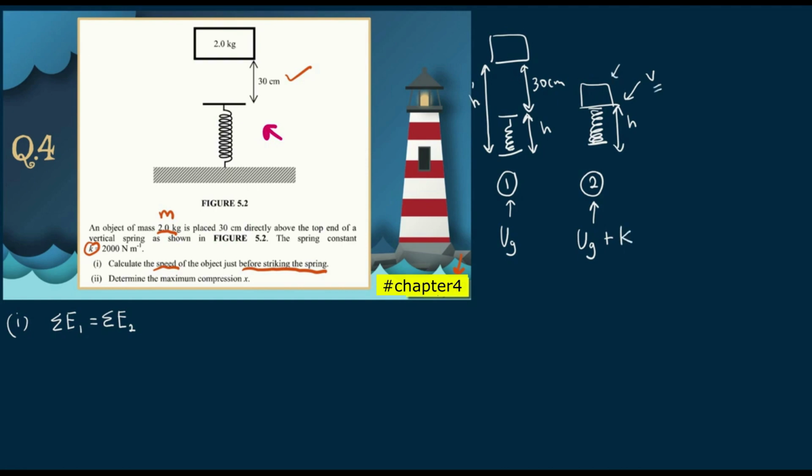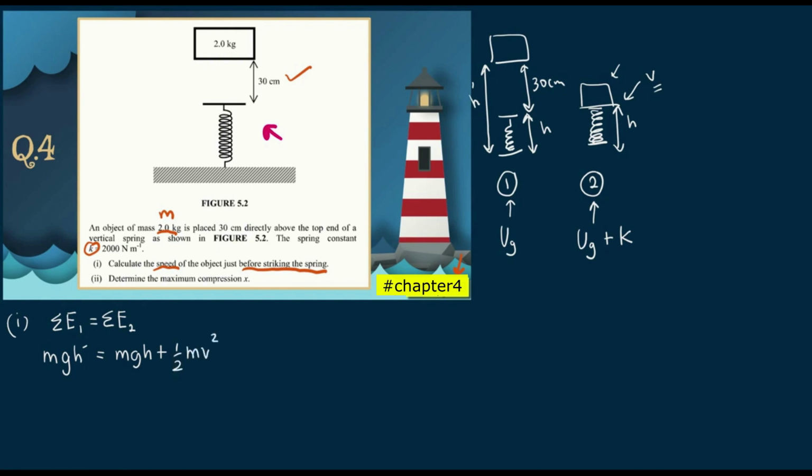That's why we have the velocity. You can straight away put the equation. So mgh prime we have here equal to mgh plus half mv squared.